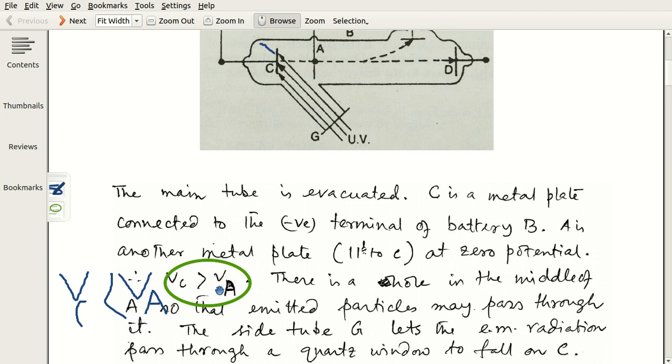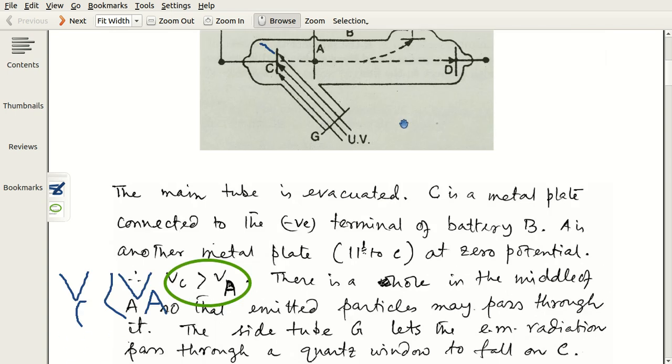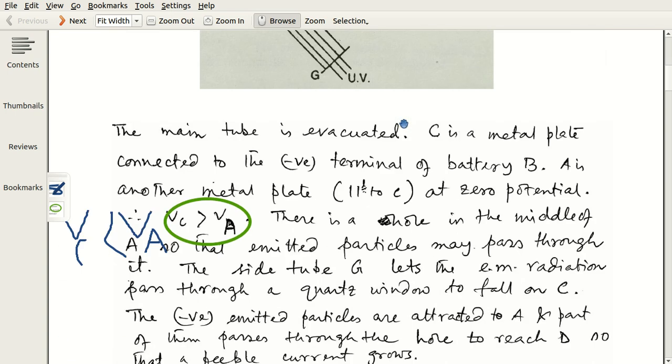VC is less than VA because C is connected to the negative terminal and A is connected to either the positive terminal or earthed. That means A is kept at zero potential. So VA is greater than VC.